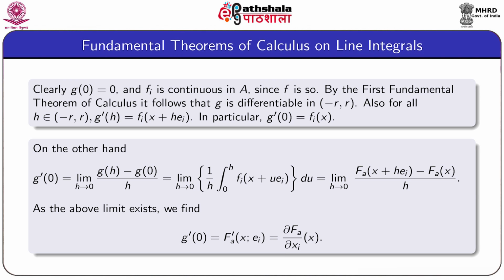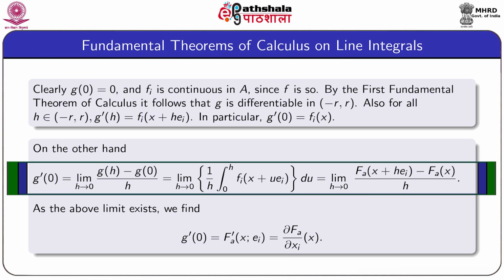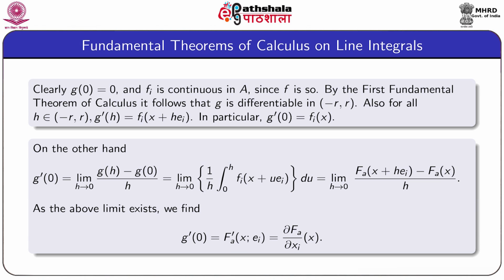On the other hand, g'(0) equals the limit as h tends to 0 of (g(h) minus g(0)) divided by h. So, this equals the limit as h tends to 0 of 1 by h times the integral from 0 to h of f_i(x + ue_i) du. So, this equals the limit as h tends to 0 of (f_a(x + he_i) minus f_a(x)) by h.